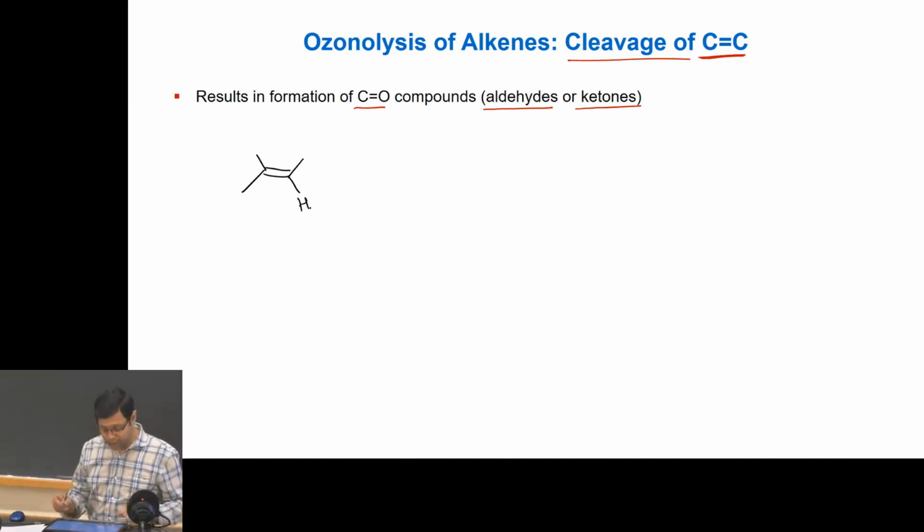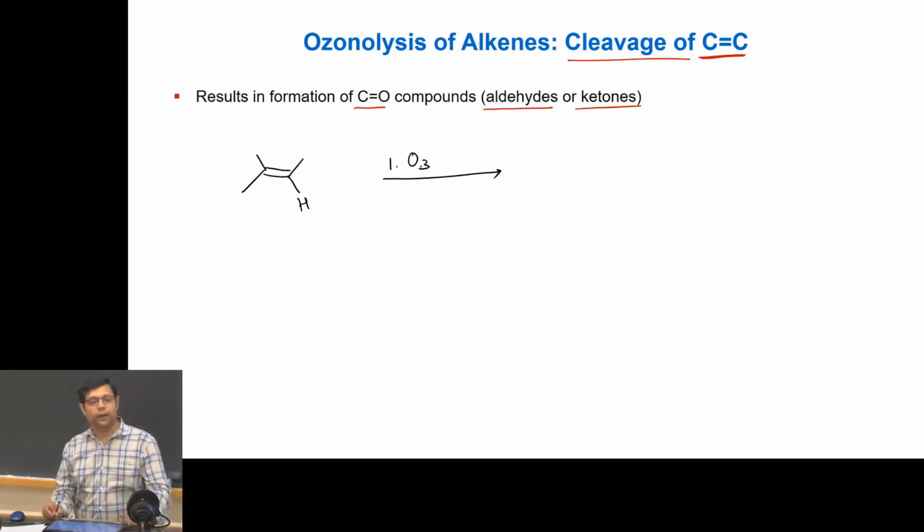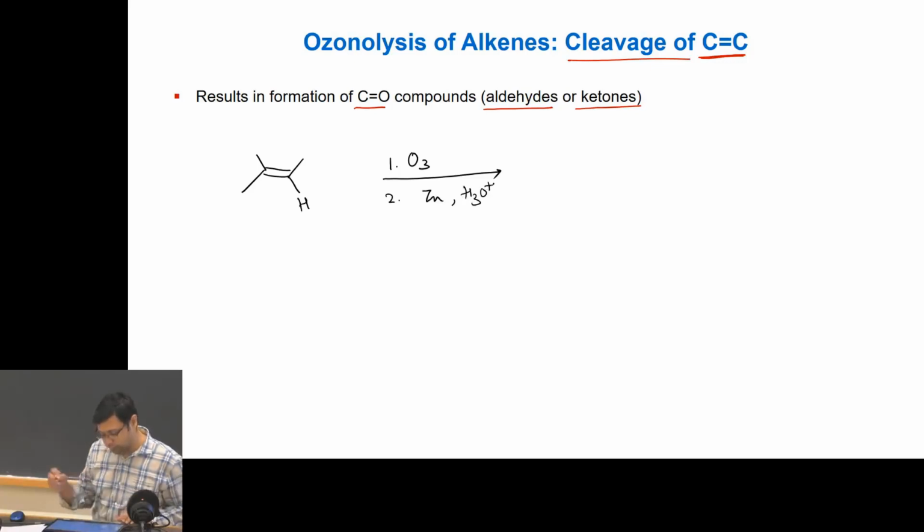Reaction conditions for ozonolysis. As from the word ozonolysis, one of the reactants is ozone, O3. That is the first step. The second step is hydrolysis in the presence of zinc. So those are the two steps you require to perform ozonolysis.